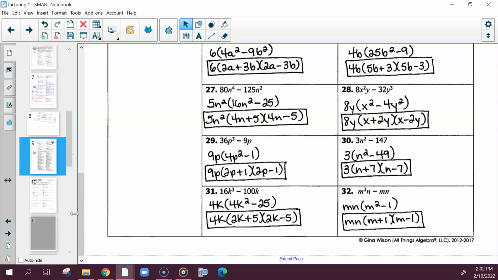And then 31: 4k, 2k plus 5, 2k minus 5, and 32: m plus 1, m minus 1.